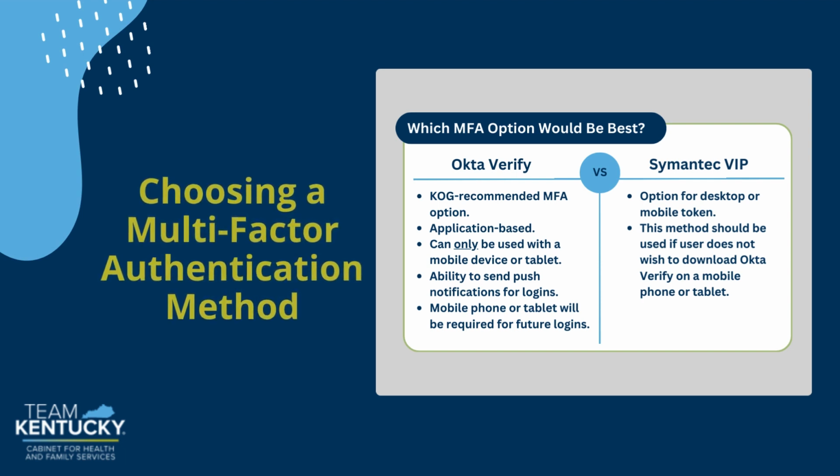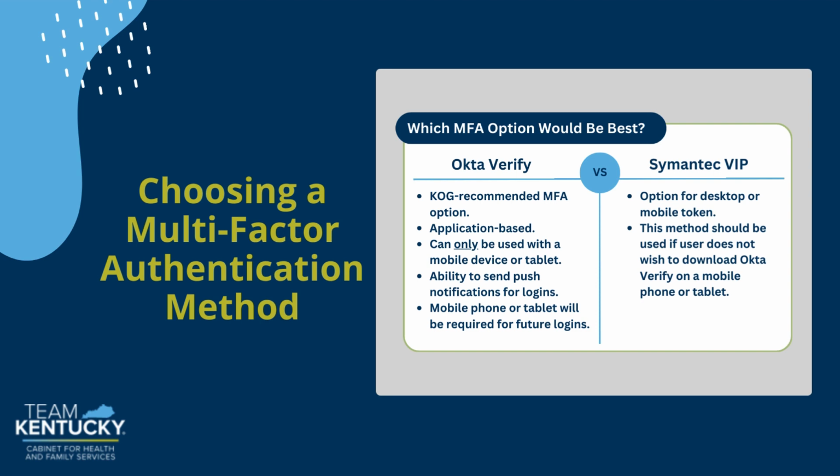Once users create a COG account, they will need to complete the multi-factor authentication, or MFA, process. MFA is a two-step identification process that helps keep information secure. The MFA options include Okta Verify, the recommended method, and Semantic BIP.